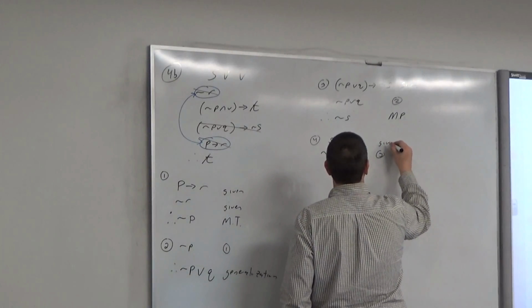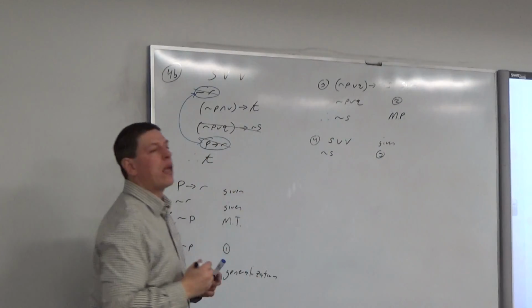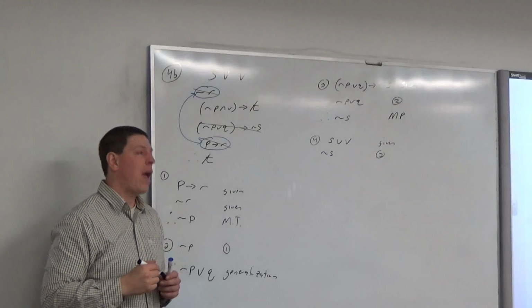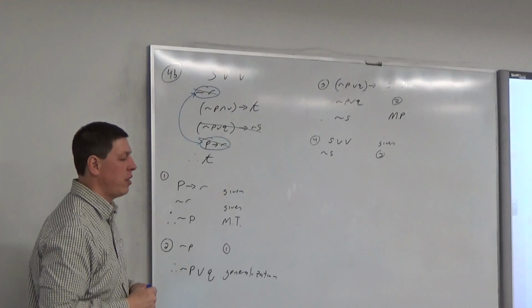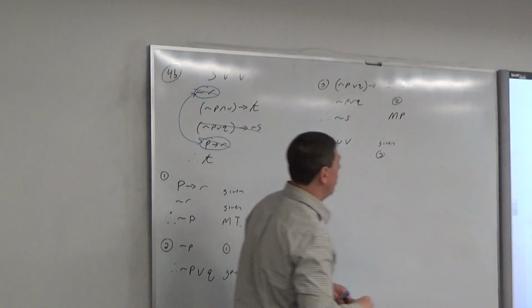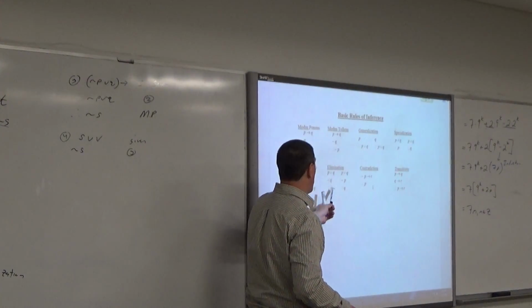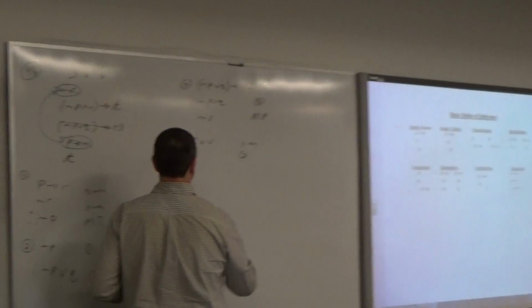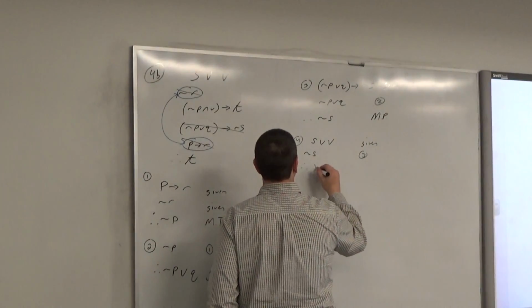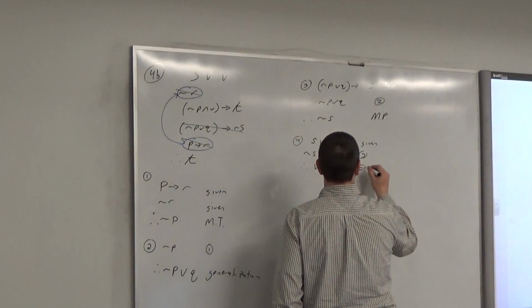This guy's given. So what can we say as a result? V. We have to have V, right, by elimination. Okay? So look at your elimination. Elimination says that you have one or the other. You know that you don't have one, so you have to have the other of those. So therefore, you would have V by elimination.